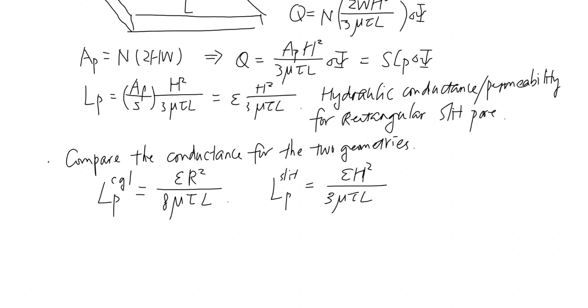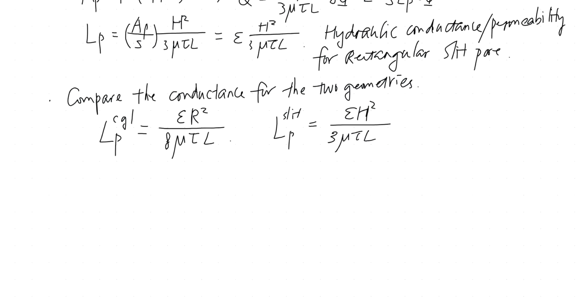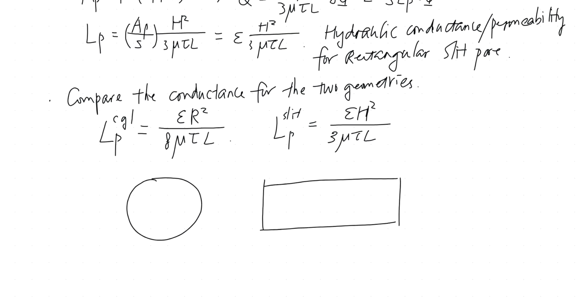So let's consider a scenario where you have a cylindrical cross-sectional area, and you have a slit cross-sectional area. So the height is 2h, and the diameter is 2r.